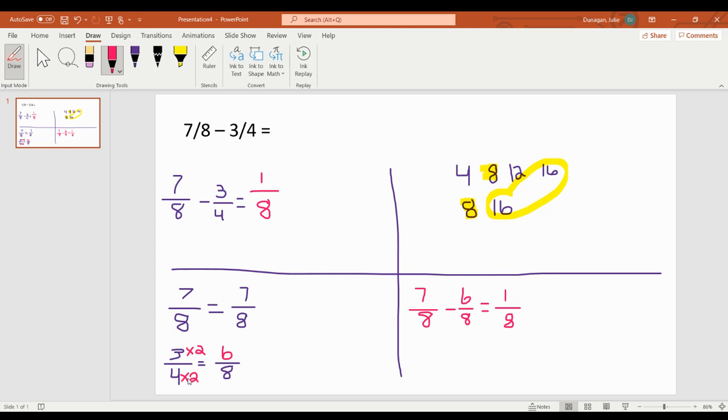Okay, so I multiplied my 4 times 2 to get me 8. So I have to do it to my numerator as well. Otherwise, I will not be making equivalent fractions. 3 times 2 equals 6.